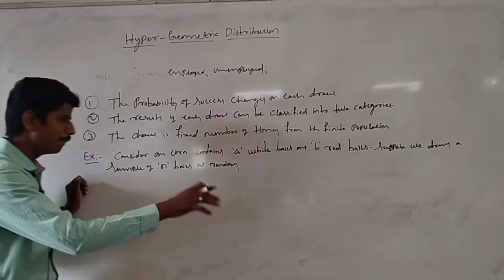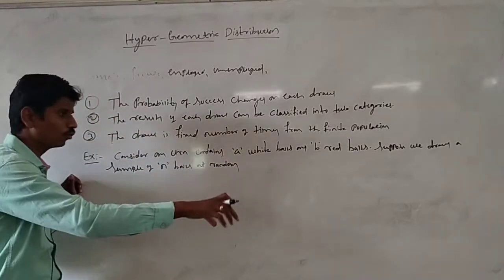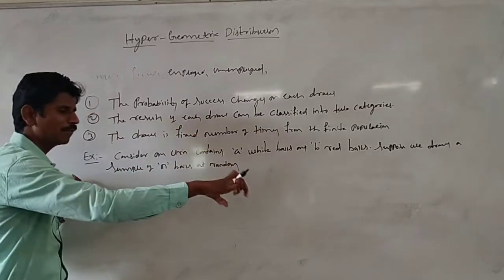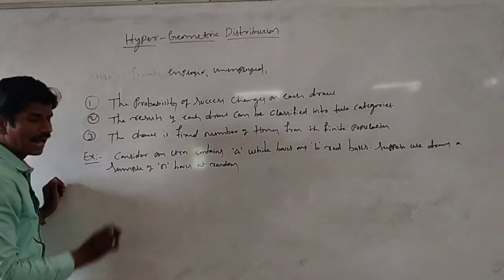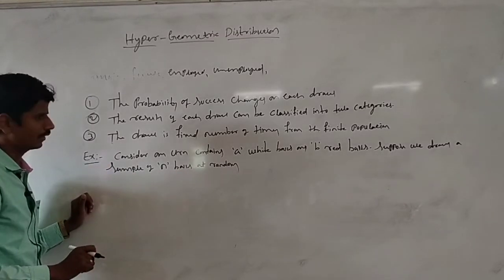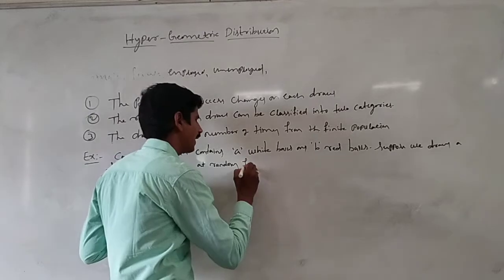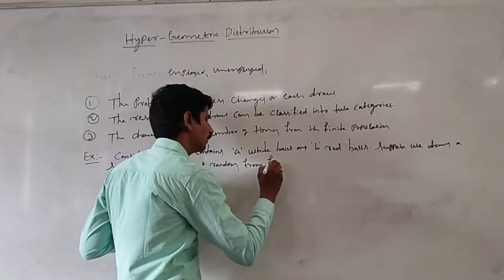N balls are randomly selected out of the total, from a finite population, from an urn.